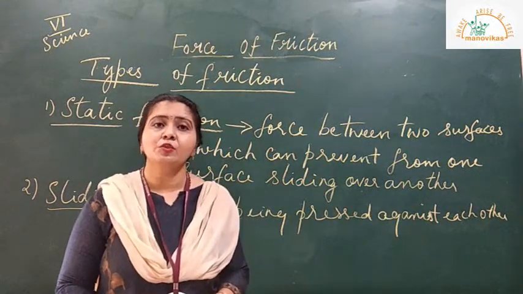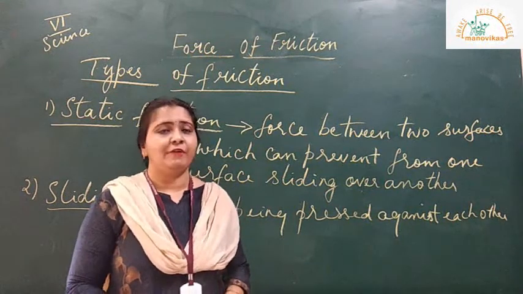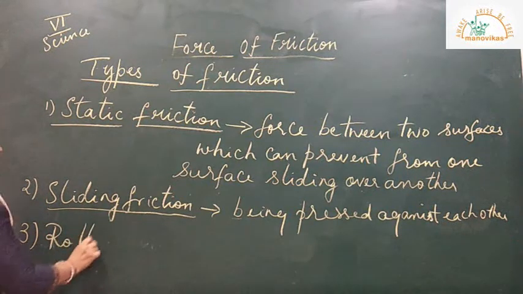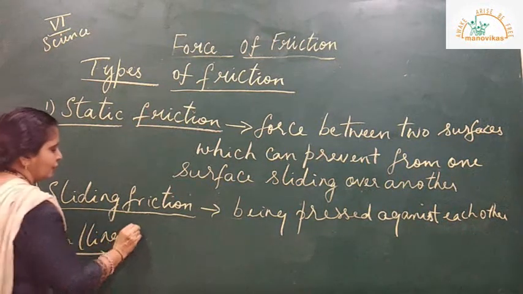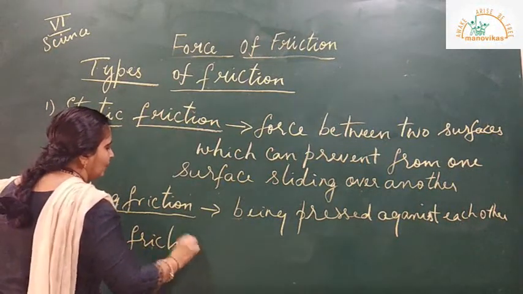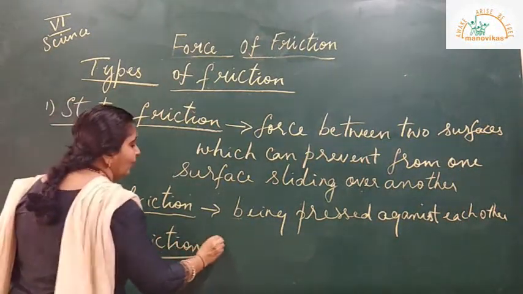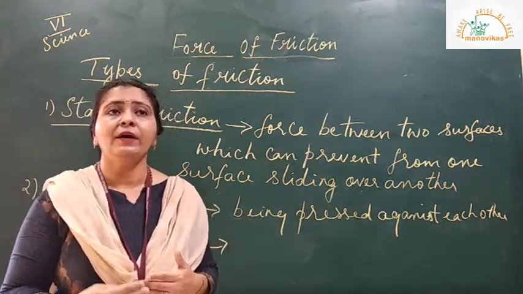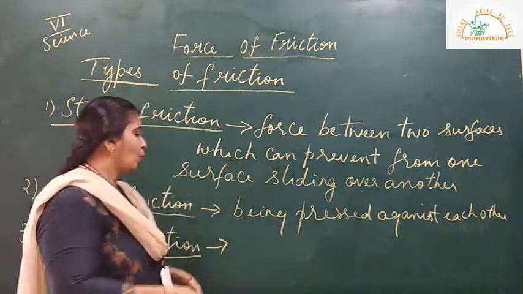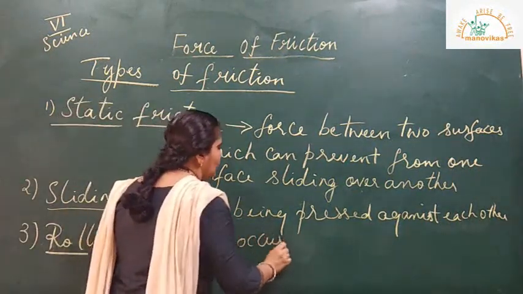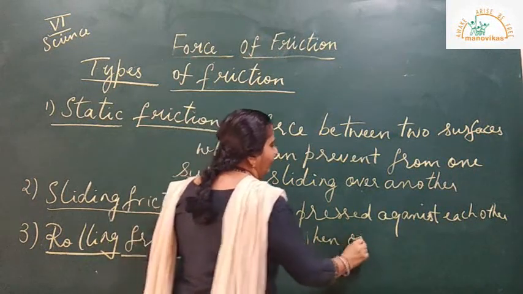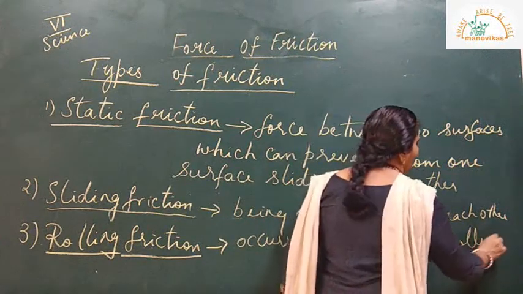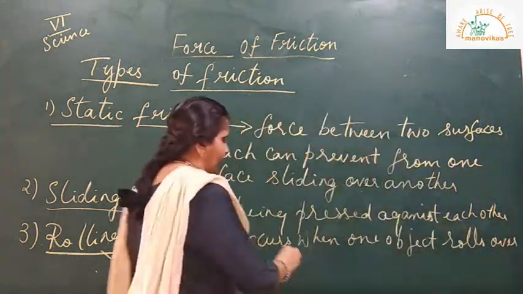Now the last one is rolling friction. So what is rolling friction? Rolling friction occurs when one object rolls over another.